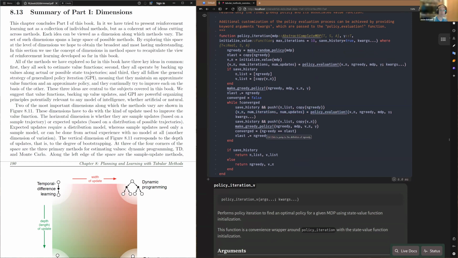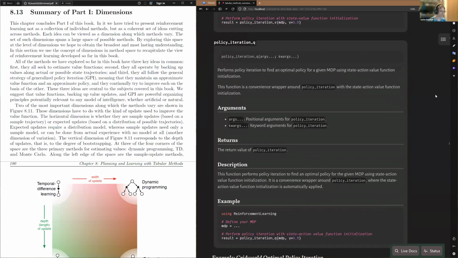And then we check if the policy has stopped changing. And if it stopped changing, then that is guaranteed to be the greedy policy, as long as these value estimates are actually correct. But remember, we're using the Bellman policy evaluation, so we also have a way of verifying that the value function is correct here.